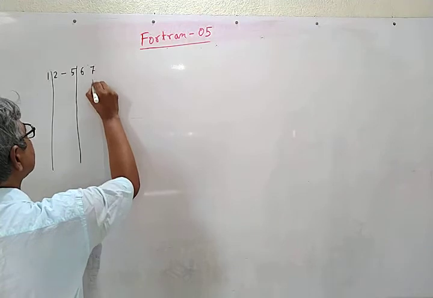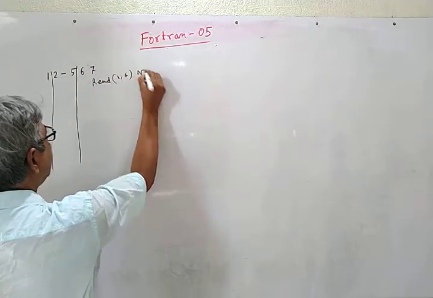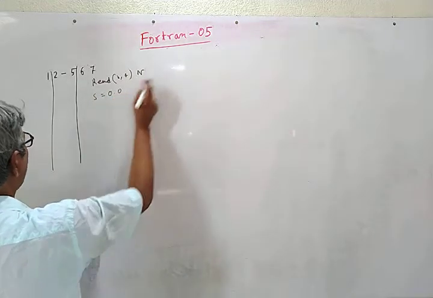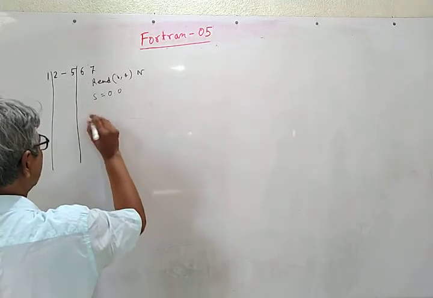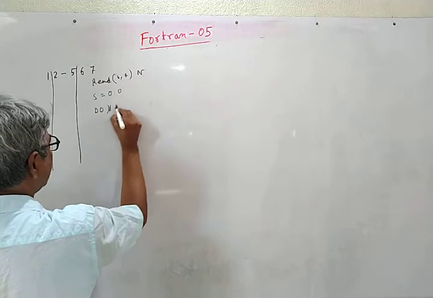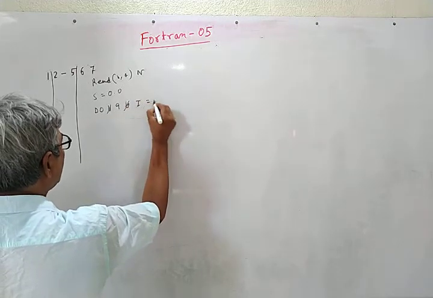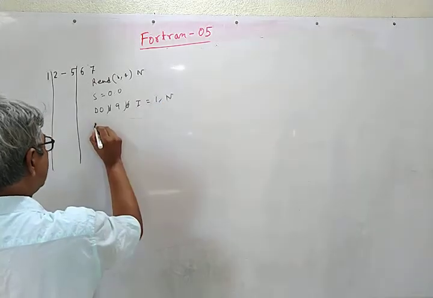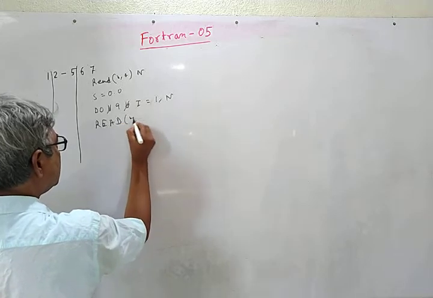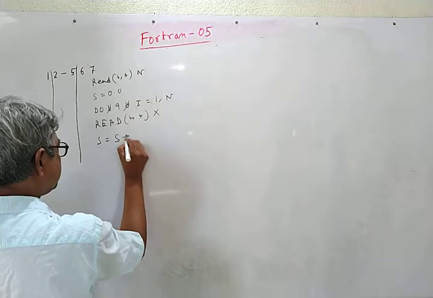So first thing is read n, then we write s is equal to 0.0 as the data are real, so we initialize it to this. Then do 9 I is equal to 1 comma n, read x, s is equal to s plus x.